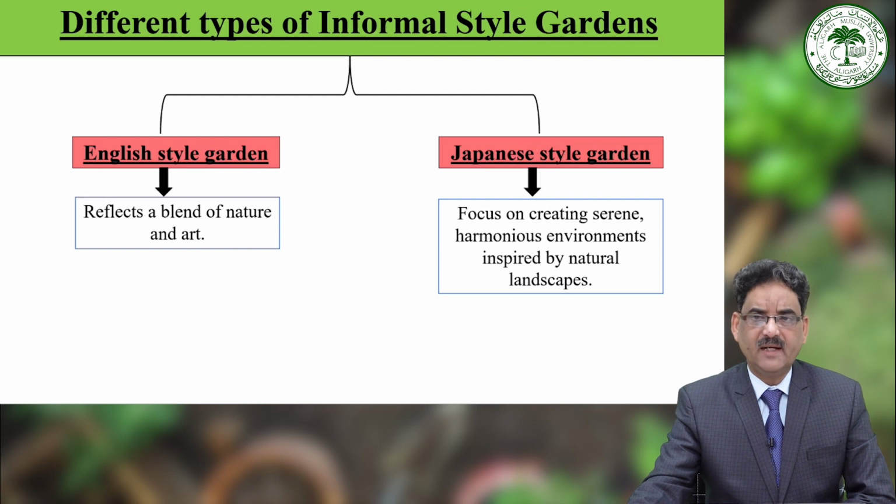Now moving ahead, next are the different types of informal style garden, that is, the English style garden and the Japanese style garden. They are typically the examples of informal style designs.